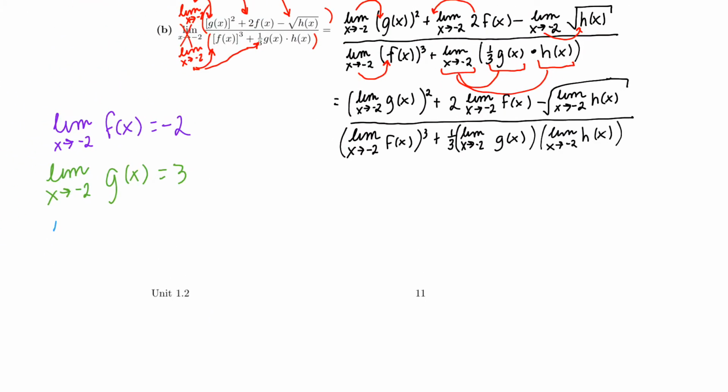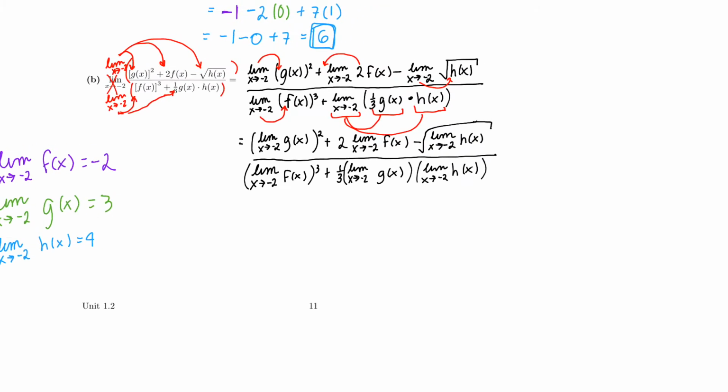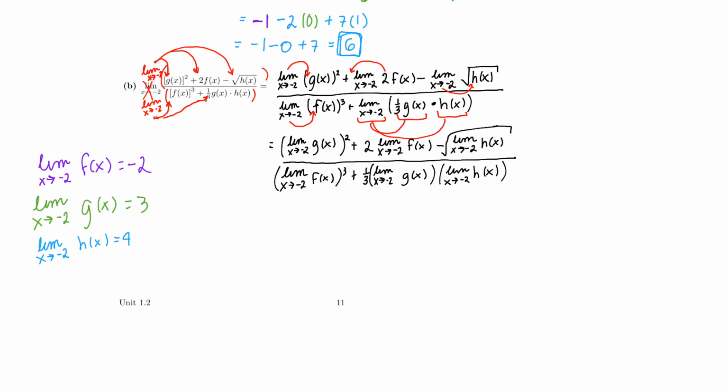So I'm going to replace everything with what it should be. So for instance, the g of x right here, this limit should be 3. This guy right here should be -2. On the inside here, this should be 4.